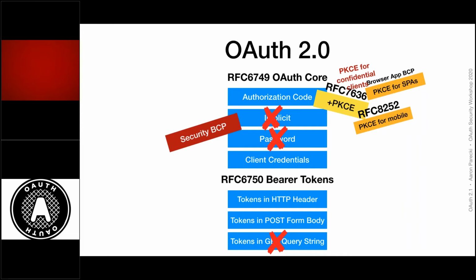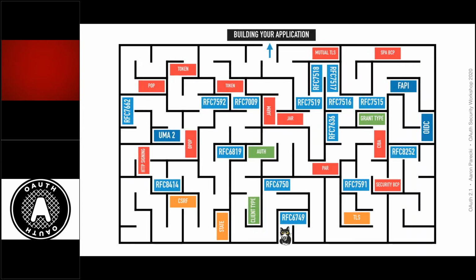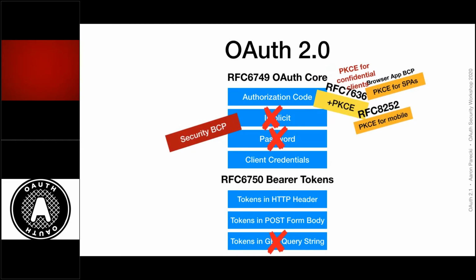So we've got a lot of stuff in this pile already, and it's starting to look kind of overwhelming. Once you start looking at the extensions that are in the OAuth world, there's a lot there. It's a bit of a mess and it's hard to navigate. So the goal of OAuth 2.1 is essentially to take this picture of what we now recognize as required to do OAuth, and simplify it down into what are we actually saying here?